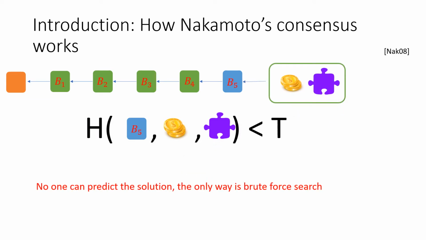Because the hash function is unpredictable, no one can predict the outcome without actually hashing the inputs. We are actually doing the work. So the only way to find the solution is to try every possible nonce.